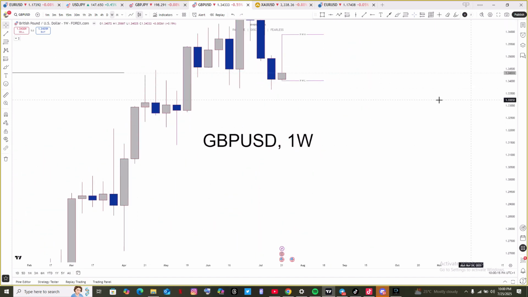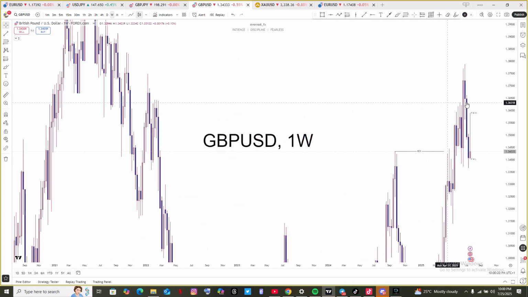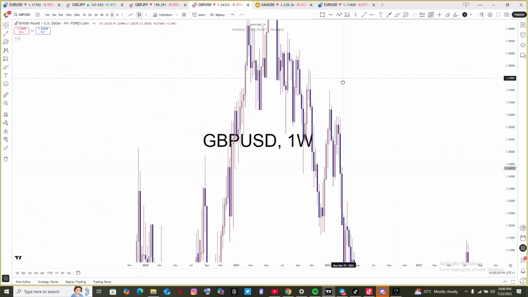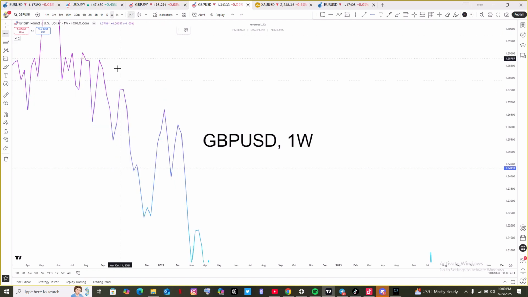So let's look at where price is reacting to. Now this swing is reacting to a key level here. If you look closely, we have a key level here that this swing is reacting to. This is a key level, and this high is also a key level.